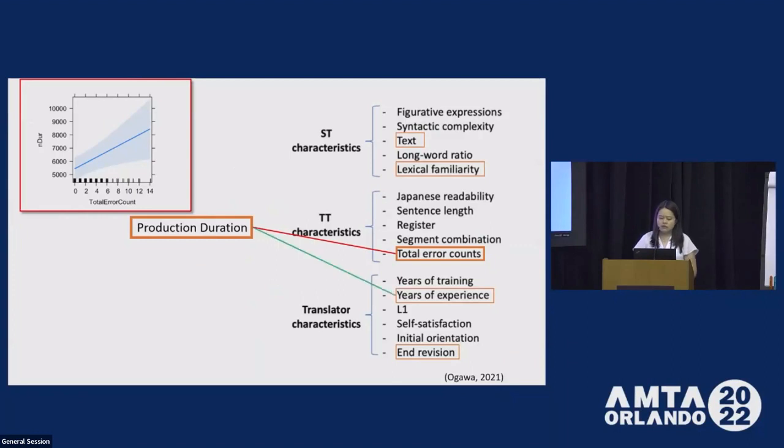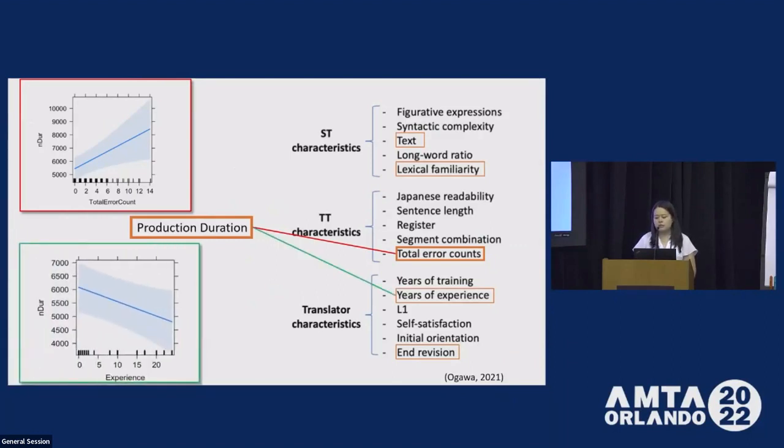I also found in the same study that more experienced participants had shorter production time. Then I came to realize that it was perhaps because of an unbalanced distribution of years of experience that I observed this positive relationship between production time and total error count.